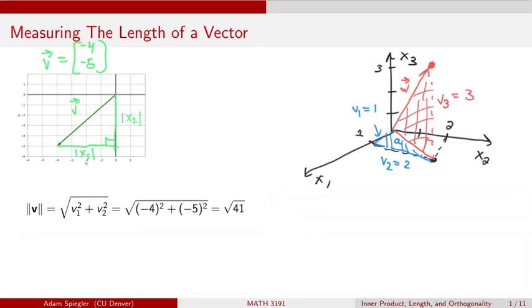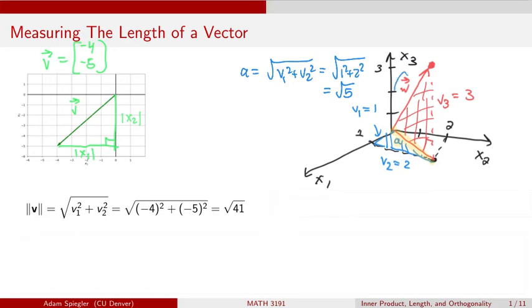So the length of this side A, which is also one of the sides of the red triangle, we can calculate by taking the square root of v1 squared plus v2 squared, which gives us the square root of 1 squared plus 2 squared, which is equal to the square root of 5. So that tells me the length of side A.